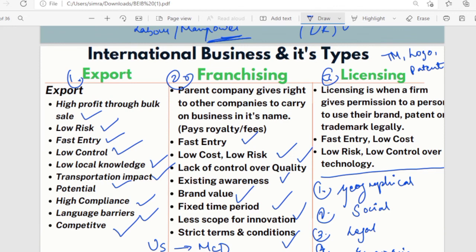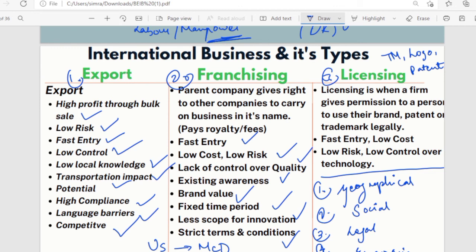On that, when they are using Disney's logo, that means McD owners are paying some amount to the Disney owners for using Disney's logo on McD products. Whatever toys, Happy Meal products McD is selling, they are using Disney's logo on that.